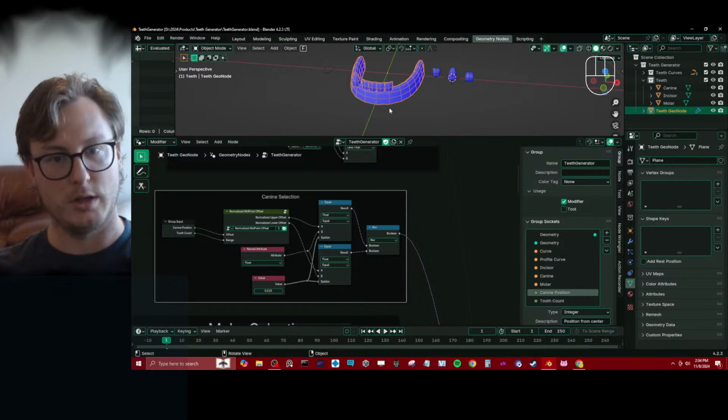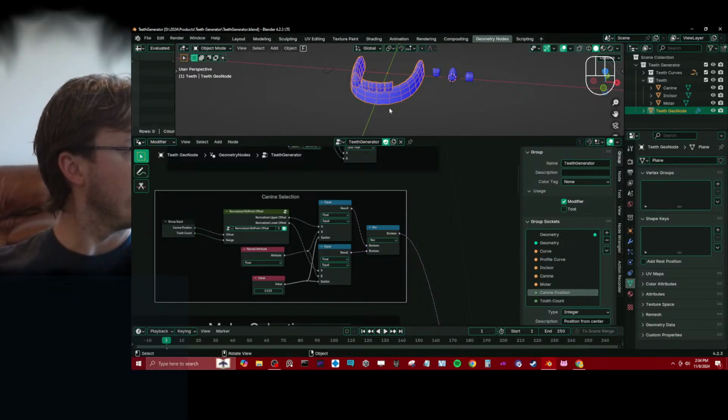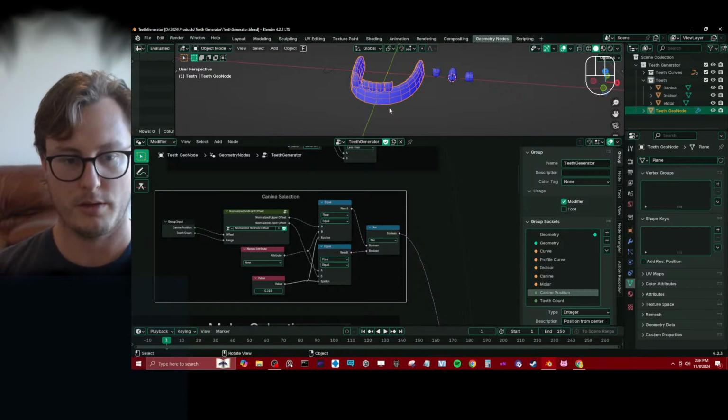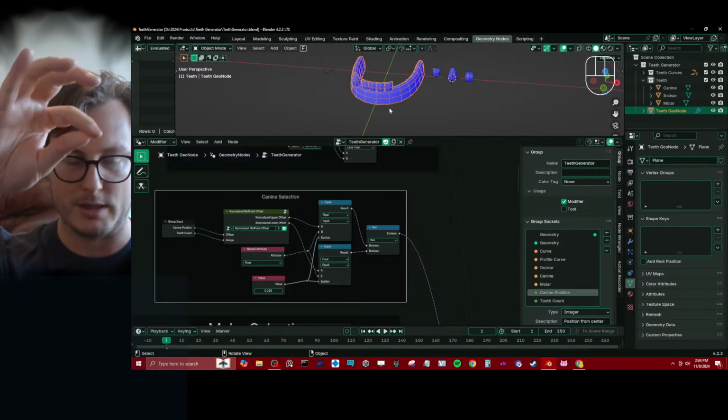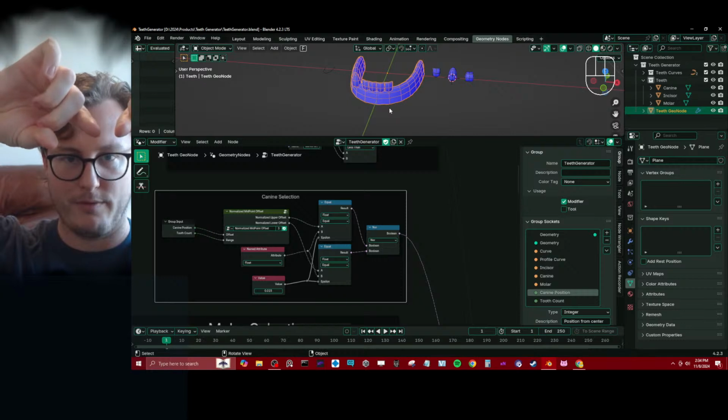What we really should be doing, actually, is trimming the curve that we're making the points on. Not adjusting the points, trimming the curve. Because that way, we can get a very specific cut.